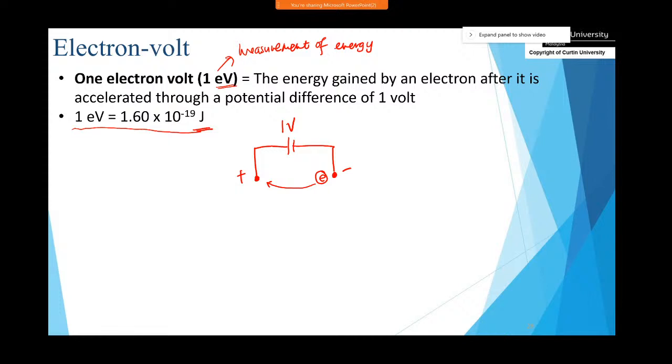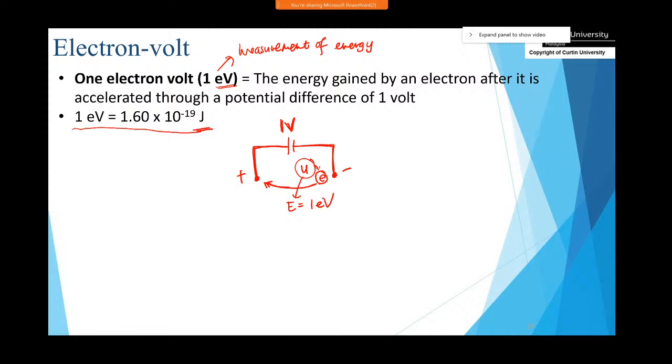Okay, so if you apply a potential difference of 1 volt here with a battery, the energy needed by this electron to accelerate from here to here is equal to 1 electron volt.